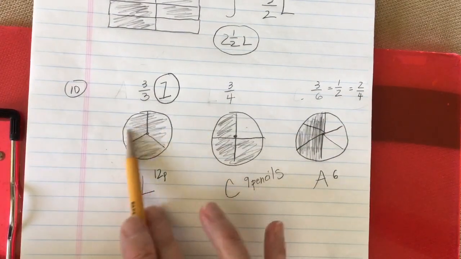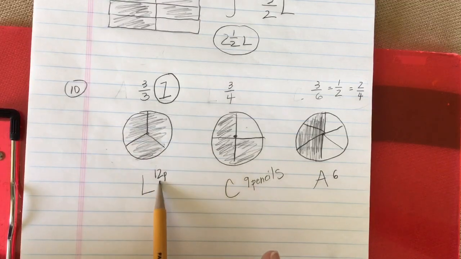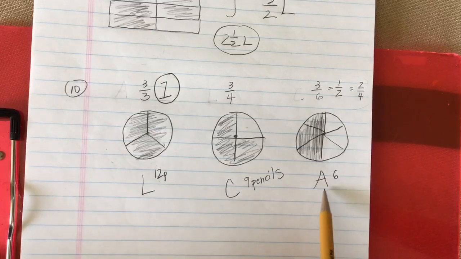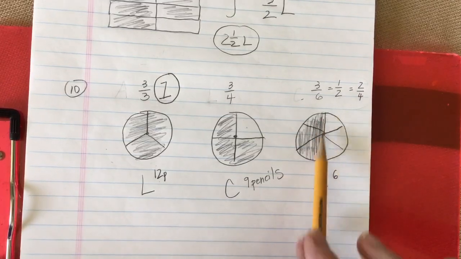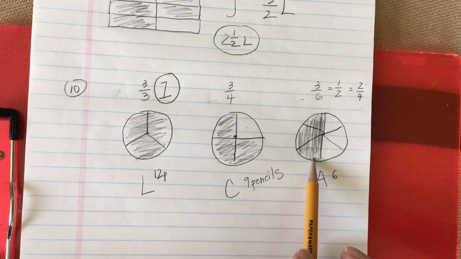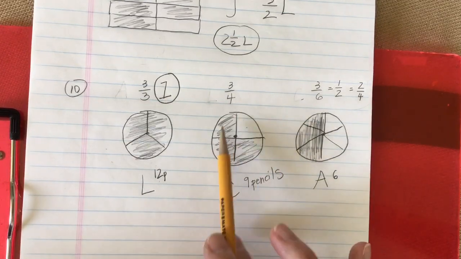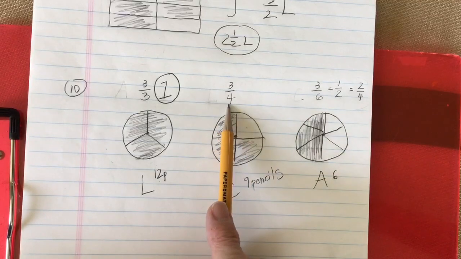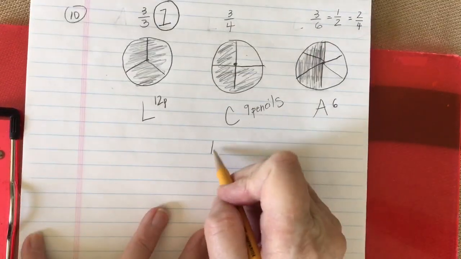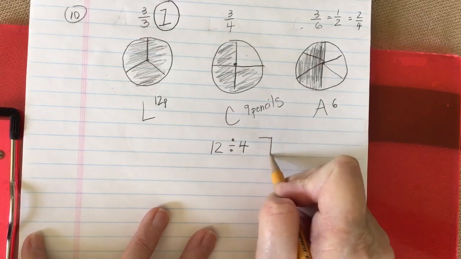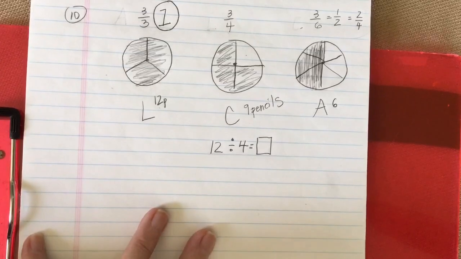So if you're talking about a whole dozen, that would be 12. Over here for Andy, we're talking about he has 3/6, which is the same as a half of a dozen. So that's 6. Right here, if you take a dozen and you divide that 12 into 4 equal parts, how much is each part going to equal?